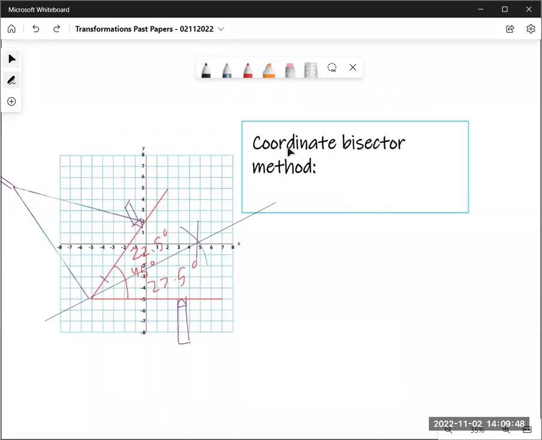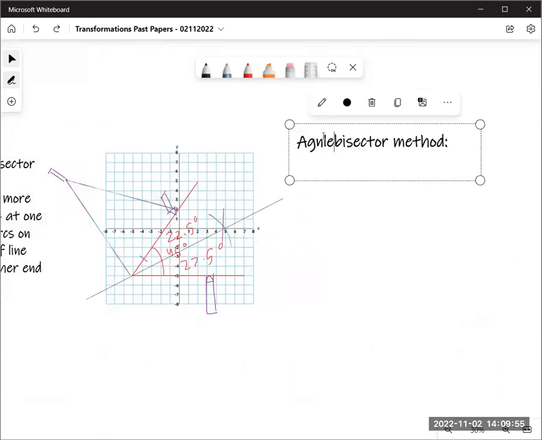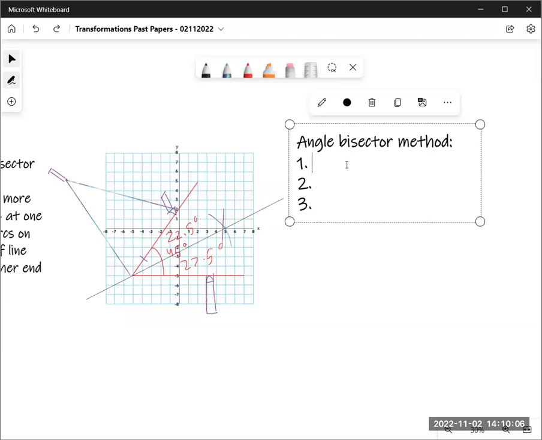So let's just write the method here. Not coordinate bisector, angle bisector. Write the method in your notebook just to be safe. Don't skip things. Write everything I ask you to write. Because otherwise, I don't want to hear that it's not in your notebook, or that you have skipped it.